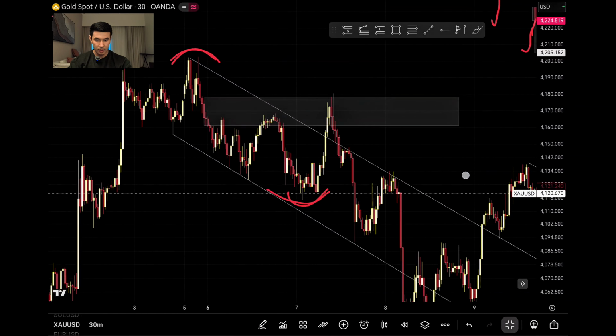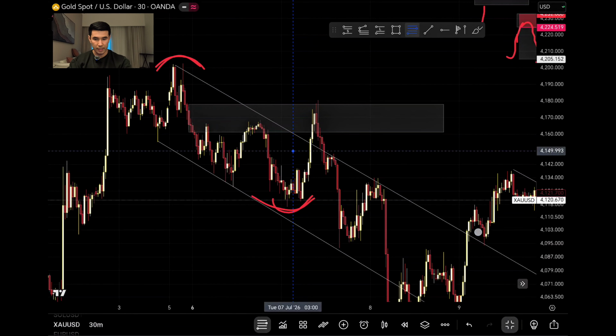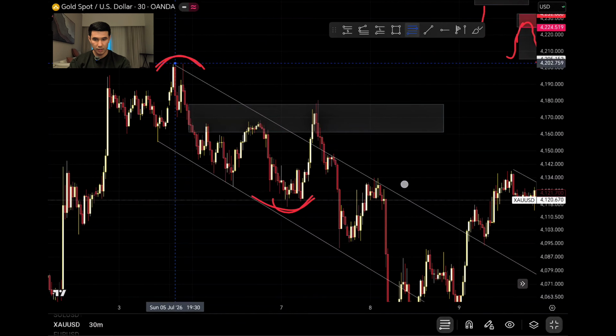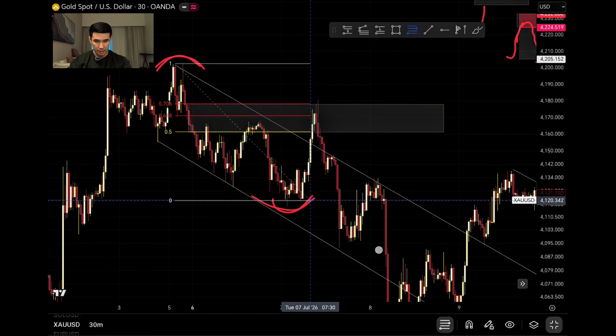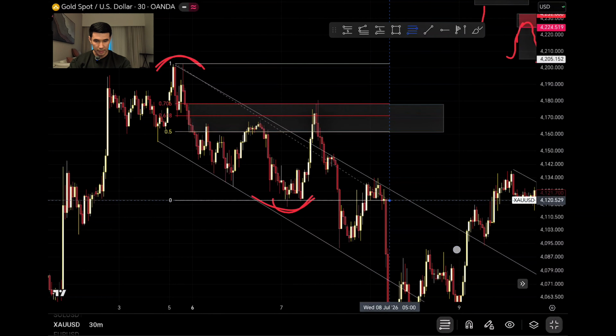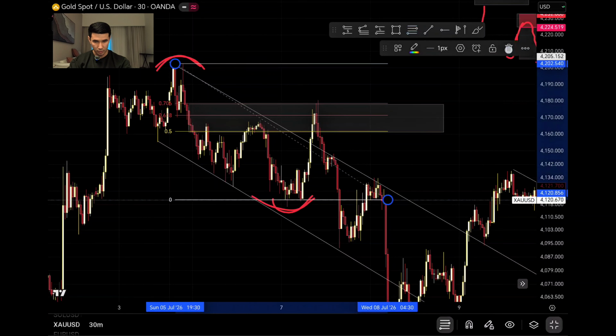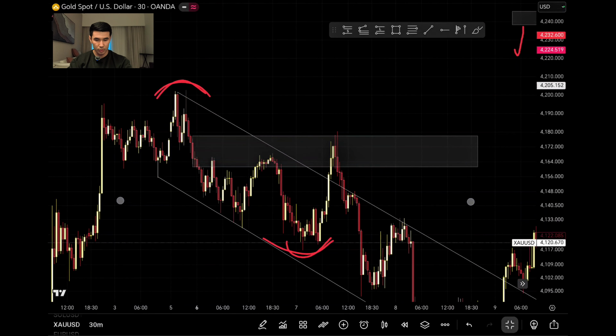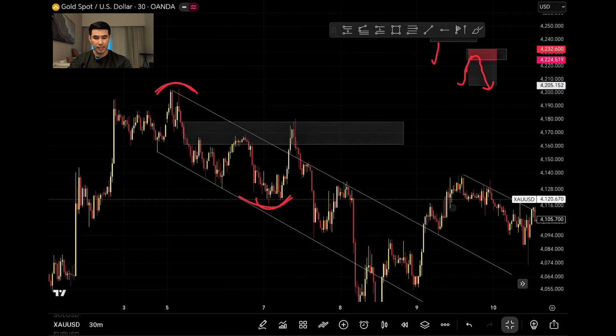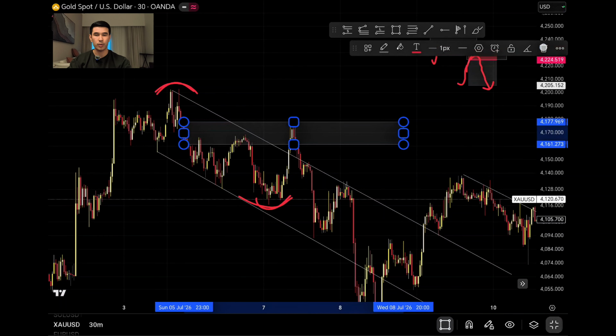Let's delete it. As you see, we put it on the top of here and the bottom of this candle here, and you just do it like this. So it has a 3 golden zone and it is coming. Whenever it comes to the golden zone, I will explain how to add the order block as well.